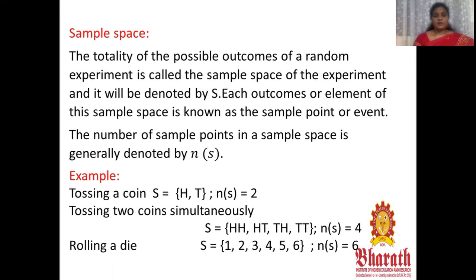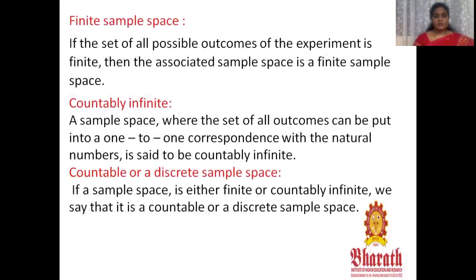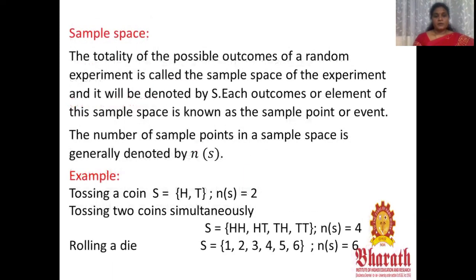Example, tossing a coin. So the sample space S is equal to {H, T}. So the number of sample points is equal to 2. When we toss two coins simultaneously, then the sample space is equal to {HH, HT, TH, TT}.